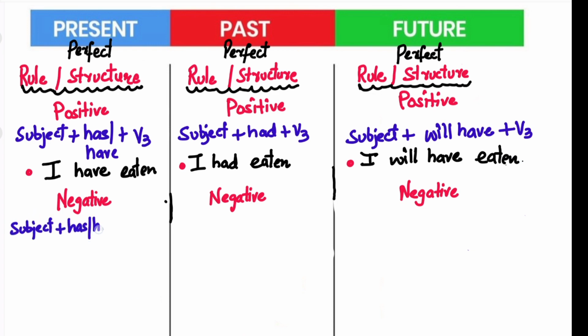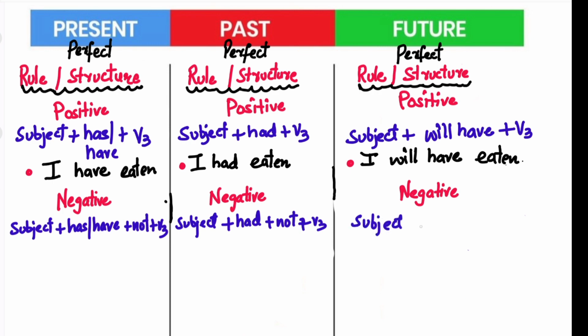Negative rule: subject plus has, have plus not plus V3. Subject plus had plus not plus V3. In future, subject plus will plus not plus have plus V3.